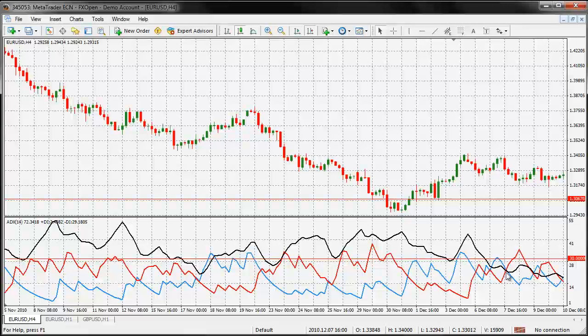If, however, let's presume that this area wasn't there and we were still in a downwards trend, and you can see where the blue line here crossed. Okay, it crossed the red, but the black line is still below the 30 line. You see that?